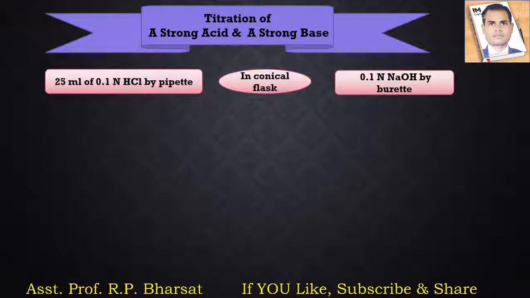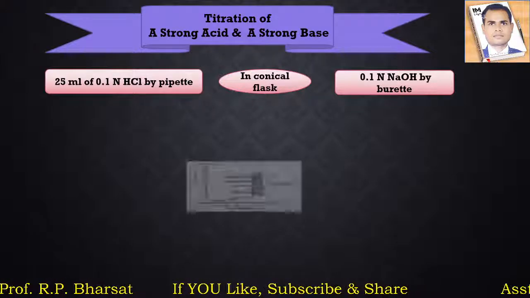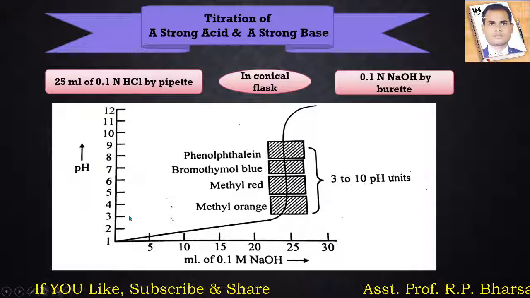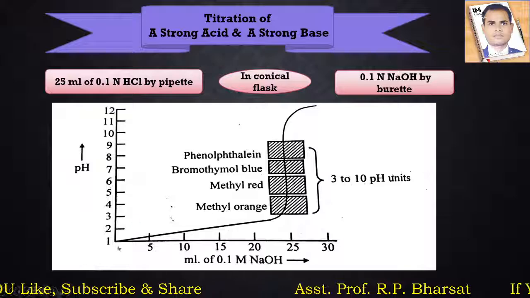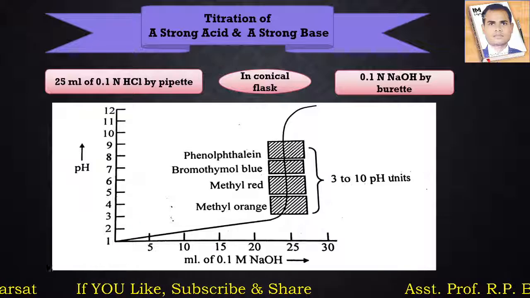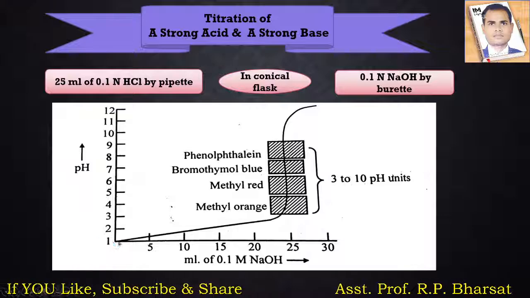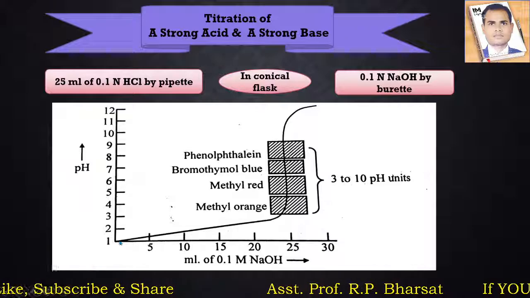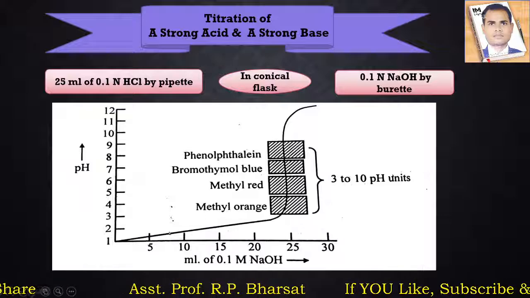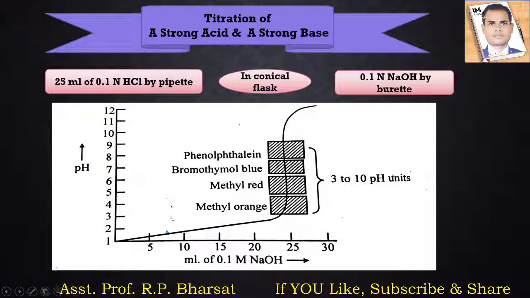The pH will increase. At the first stage we have taken 25 ml of HCl, and here the pH will be near about 1, and when you are adding the NaOH, the pH increases slightly.